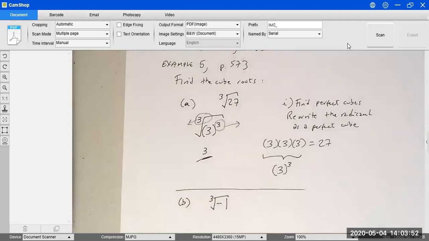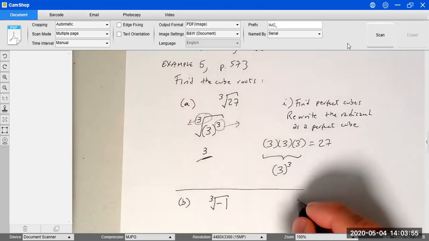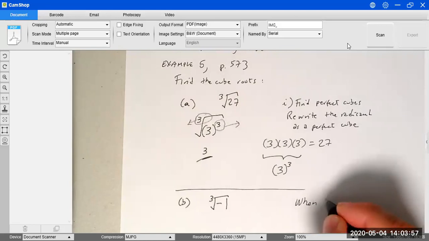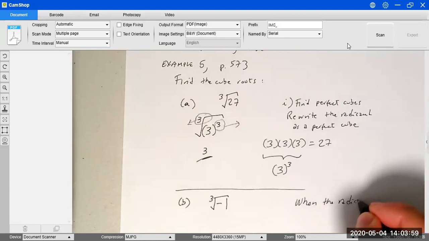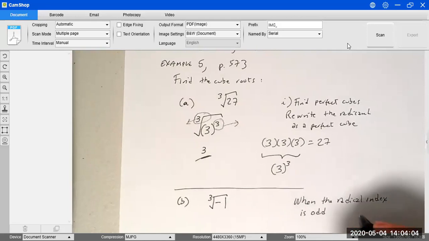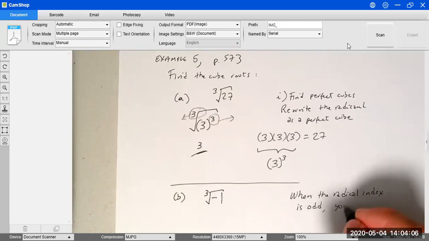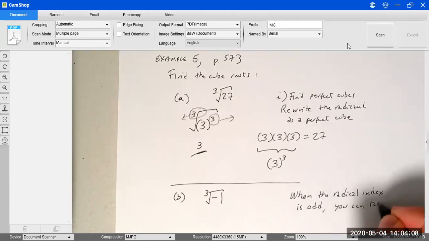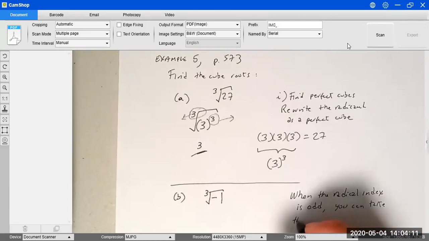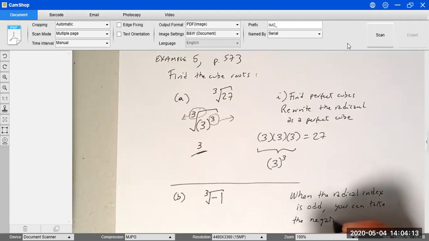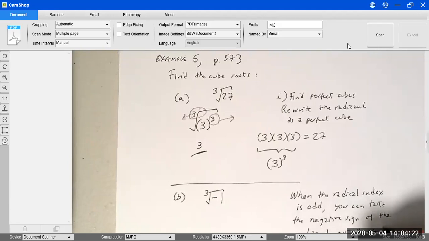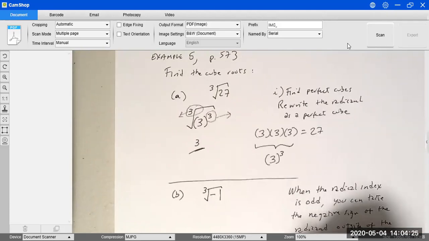So the rule with negative radicands: when the radical index is odd, you can take the negative sign of the radicand outside of the radical sign.